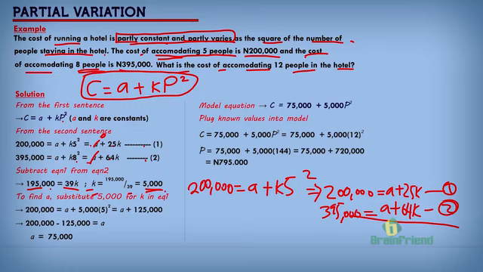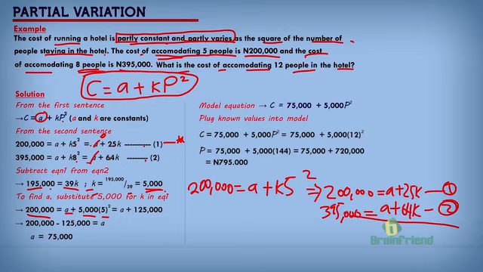Next, we try to find A. We have our first constant. Let's see if we can impute the value of K into any of our equations. Let's choose equation 1. Impute 5,000 to represent K in equation 1. What would we have? 200,000 is equal to A plus 5,000 times 5 squared. 5,000 times 25 is 125,000.